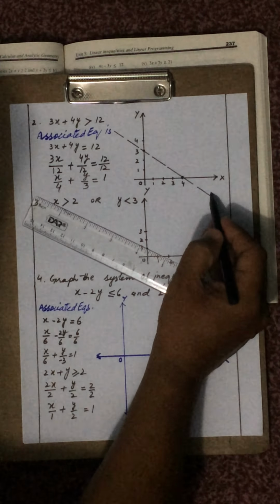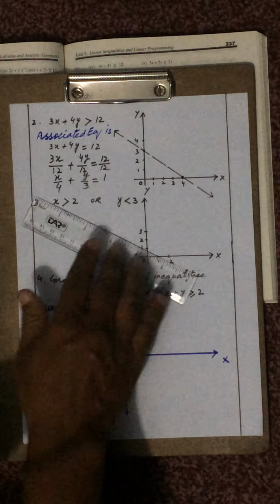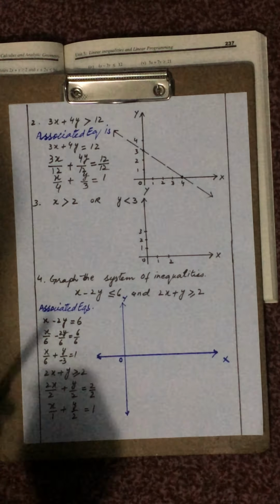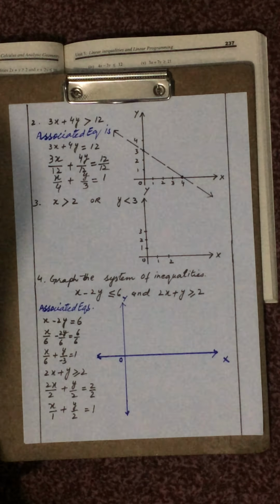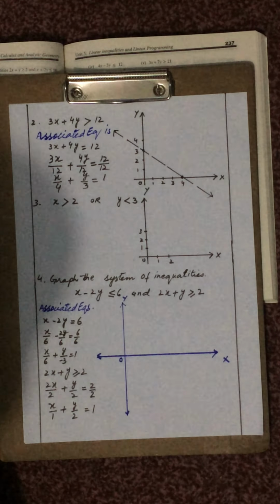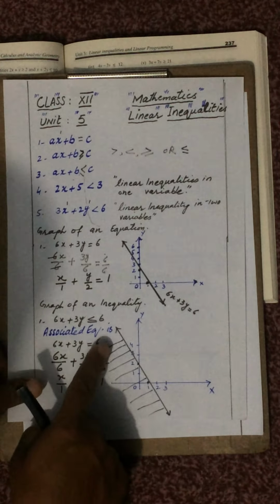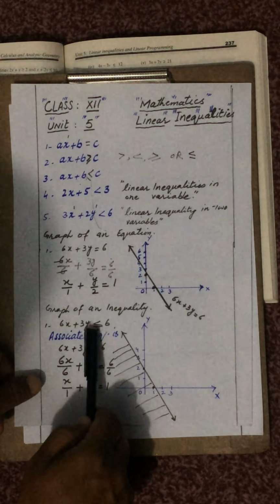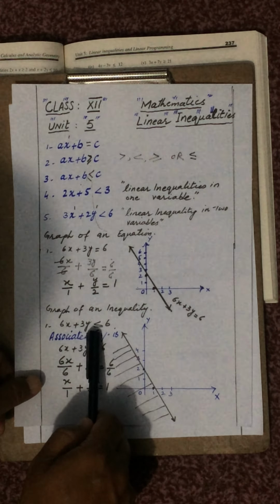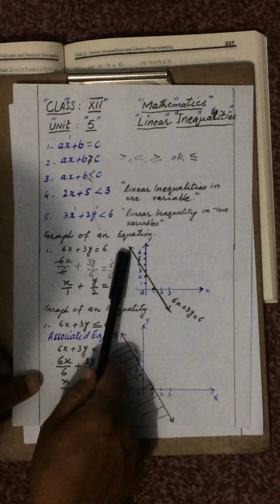So I have joined these two points, but not with a bold line. I have joined these two points with a dotted line. Why did I join these two points with a dotted line, while in the previous question I drew the line in bold? There I drew the line bold, not dotted, because there was an equality sign also. If there is an equality sign, then the line is part of the graph.